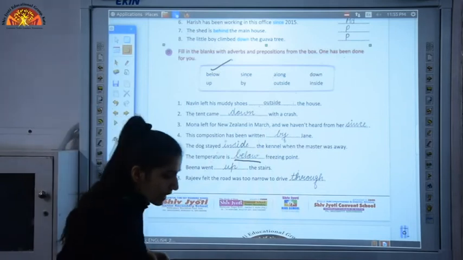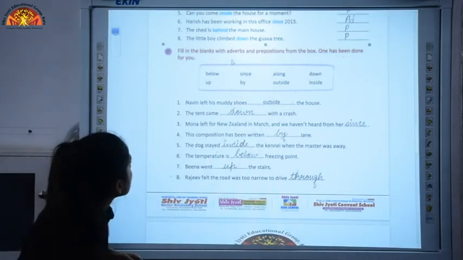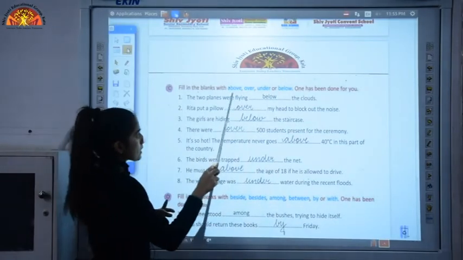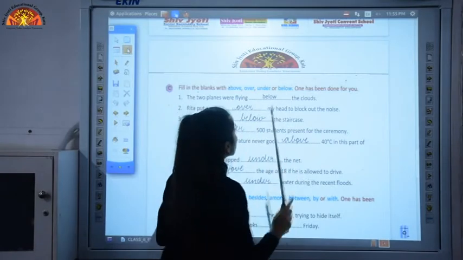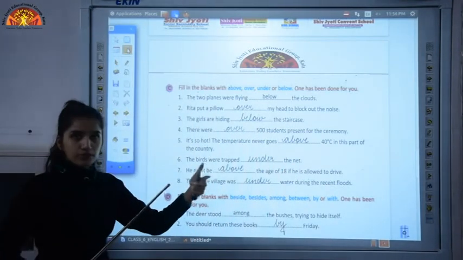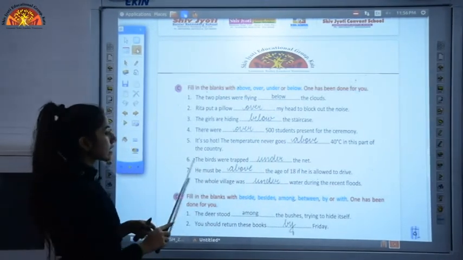In this way you have to solve this exercise. Now let's move to the other exercise. C exercise. Fill in the blanks with above, over, under or below. So you have to fill these blanks with either above, over, under or below. Let's take the sixth one.